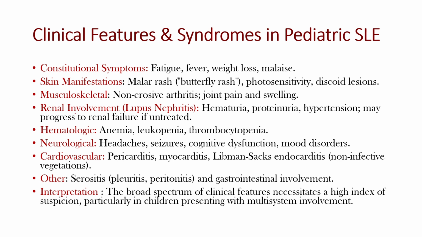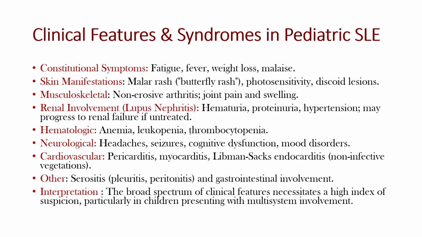Musculoskeletal, we'll have non-erosive arthritis, joint pain and swelling. We will have lupus nephritis, which is characterized by hematuria, proteinuria, hypertension, and may progress to renal failure if untreated. Hematologic: anemia, leukopenia, and thrombocytopenia.